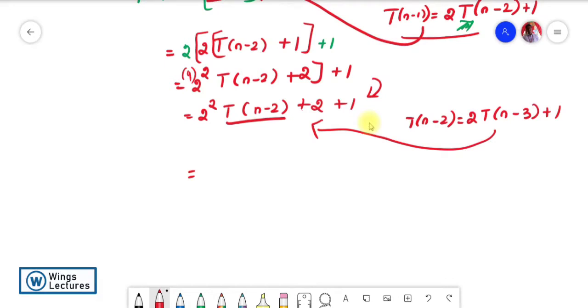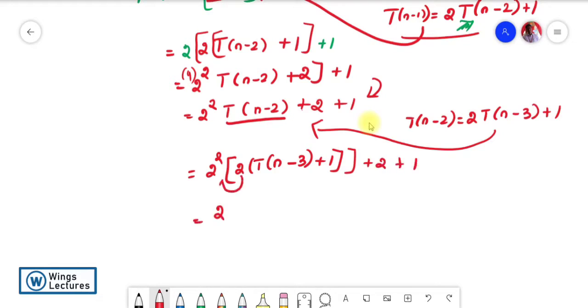Okay, now by applying this 2 power 2 and 2 into t of n minus 3 plus 1, already we have plus 2 plus 1, right? So here I am going to take this 2 over here, 2 power, because obviously it is going to be 8, so I am keeping 2 power 3 into t of n minus 3 plus, after multiplication, what will be the value?